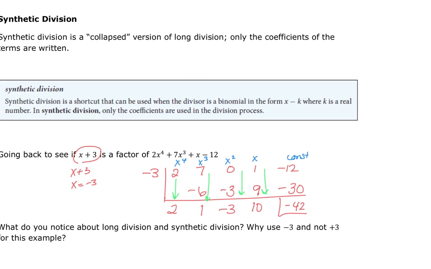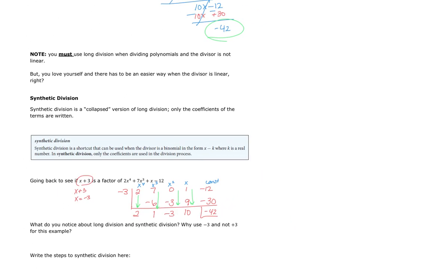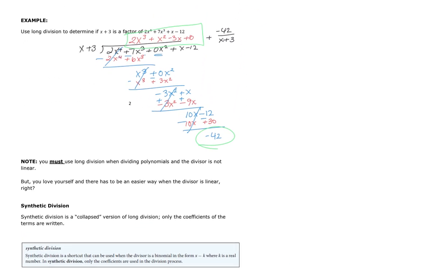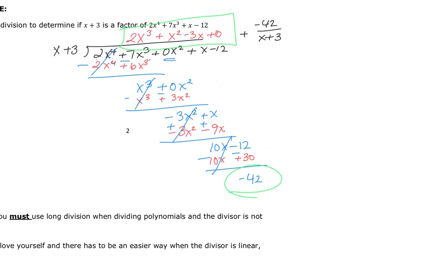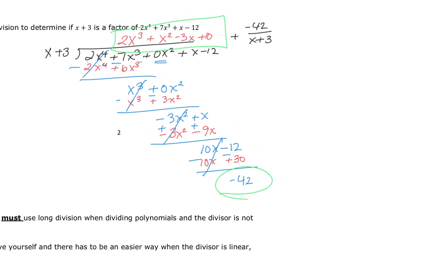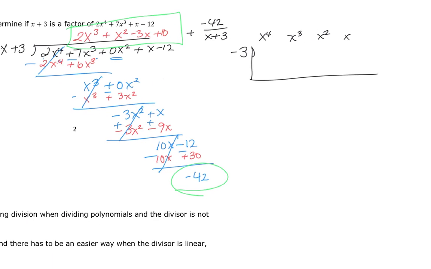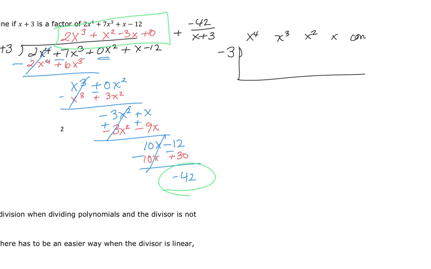Now, I want you to notice when I did this synthetic division, in fact, I'm going to do it right next to here. I'm going to do it again. So I have negative 3, my x to the fourth term, my x to the third term, my x squared term, my x term, my constant.